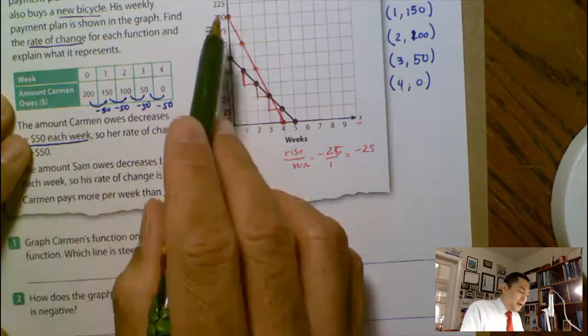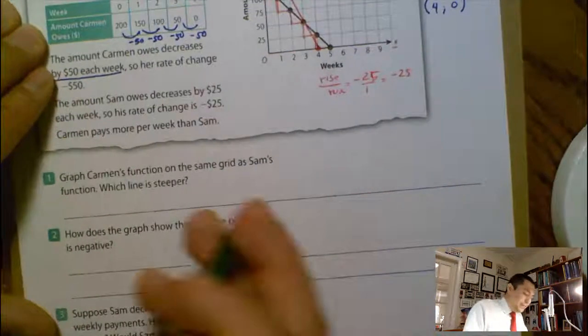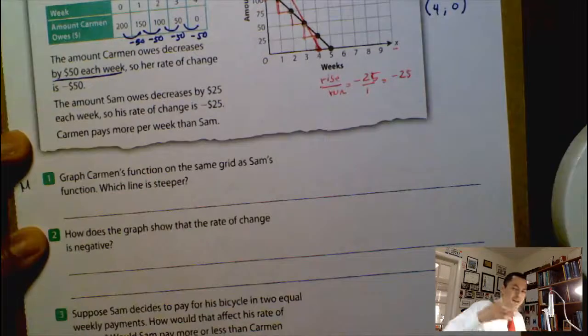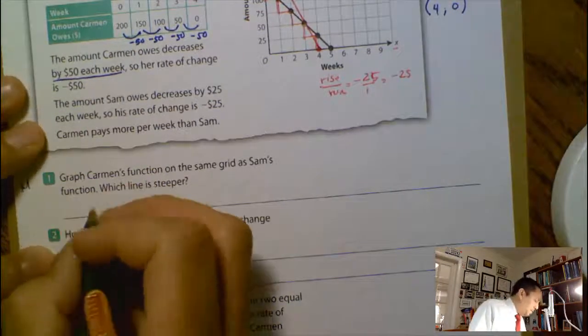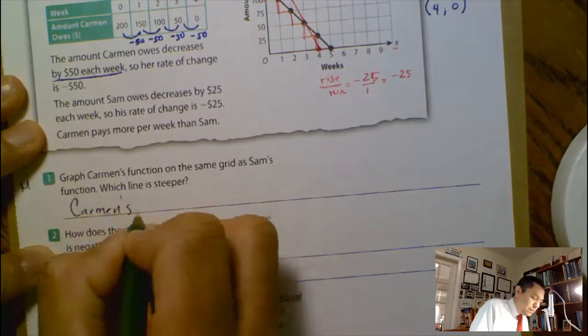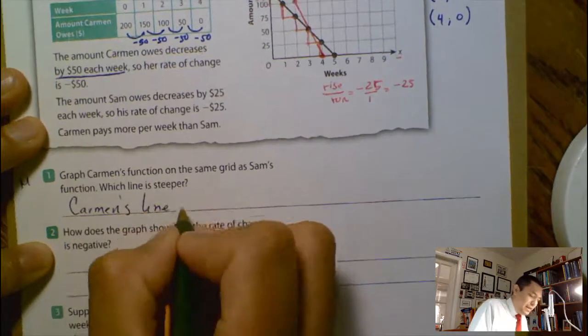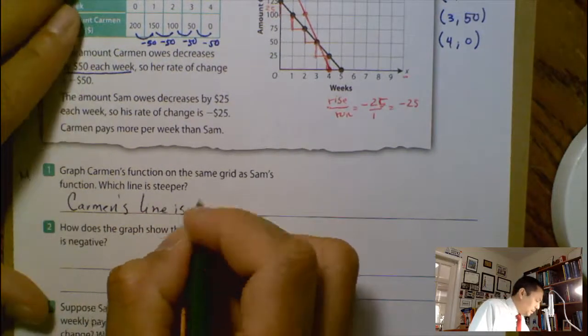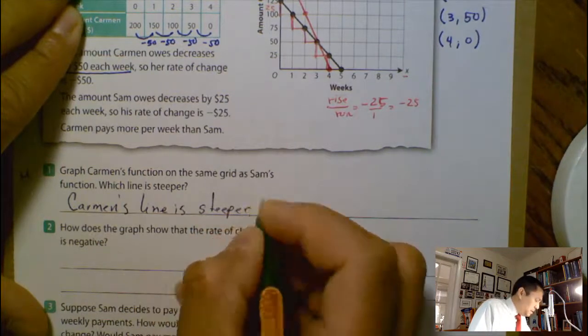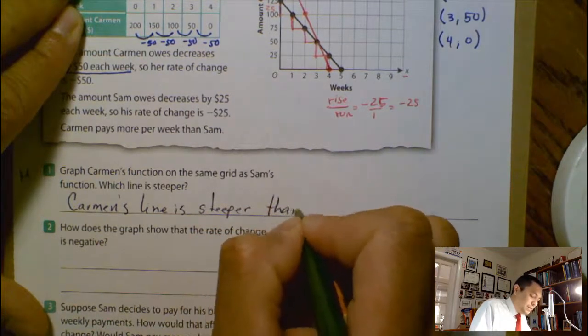So Carmen's is steeper. That's a medium level question. We can type: Carmen's line is steeper than Sam's.